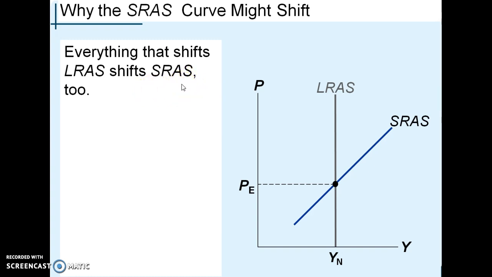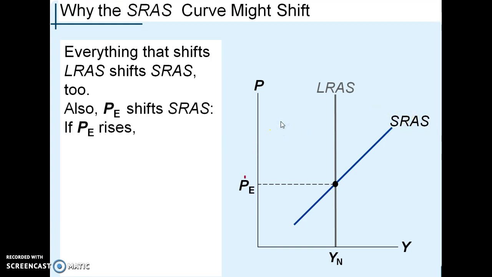We want to bring in one other aspect of price expectations adjusting, shifting the short-run aggregate supply curve, because this is going to help jive our short-run and long-run models. So when price expectations are allowed to change, that will also shift the short-run aggregate supply curve.